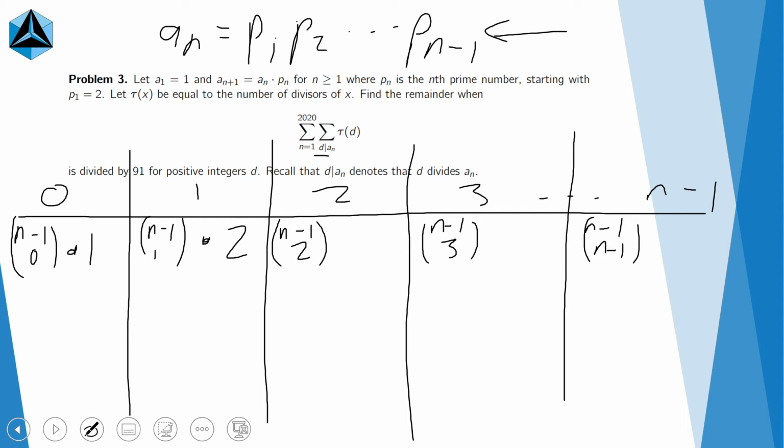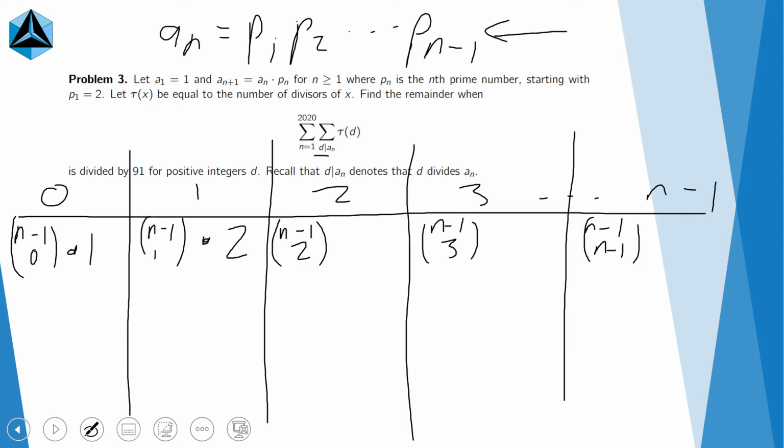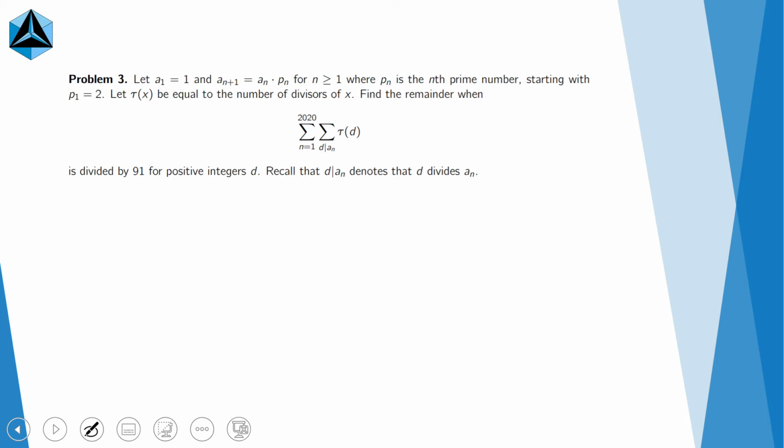We don't see the pattern yet, but from this group we're going to start making sense of it. So we want to find tau of d for group 2. Let's consider the number 6, which is p1 times p2, equal to 2 times 3. How many divisors does this have?